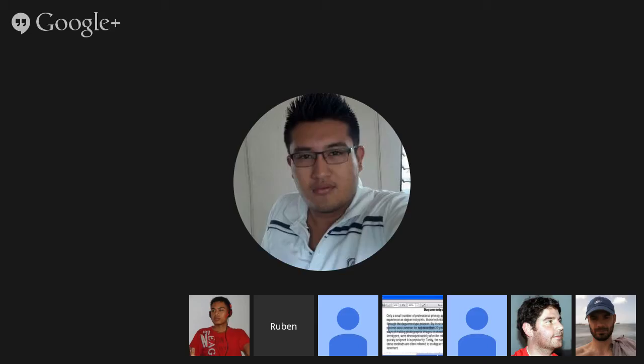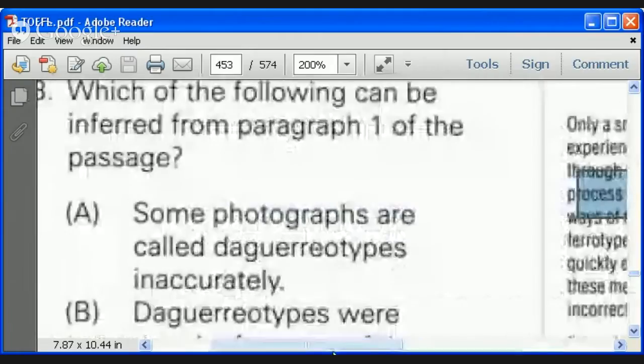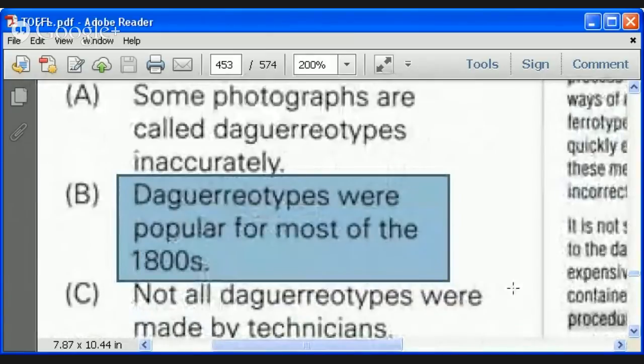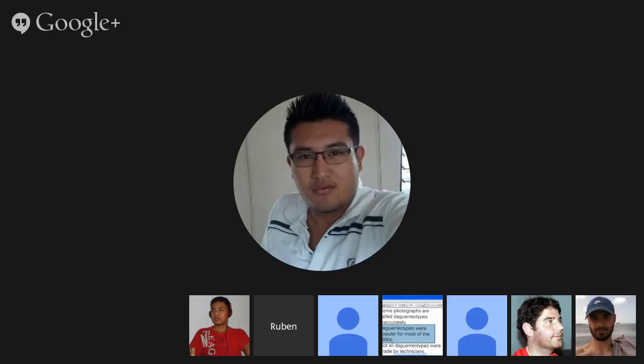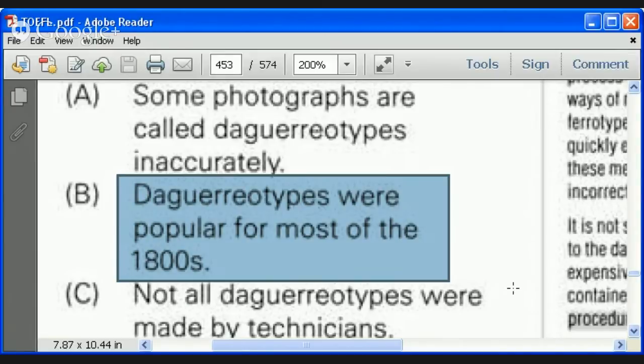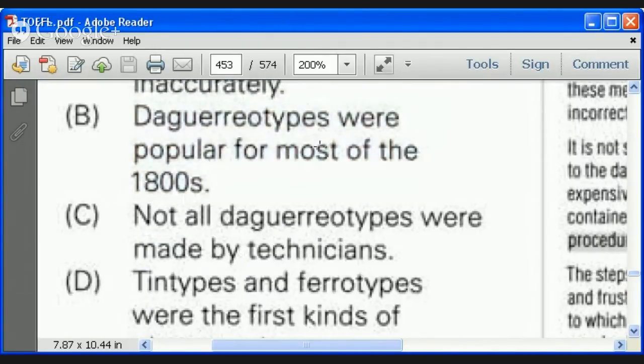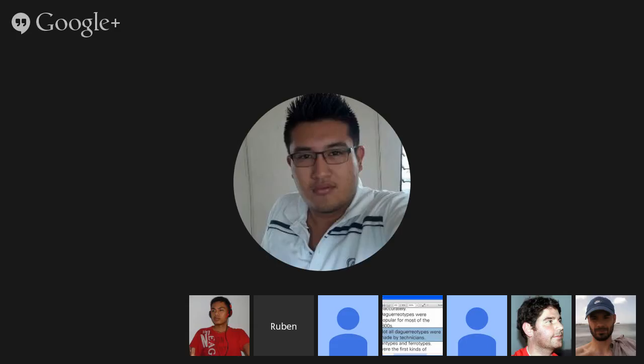So saying they were popular for most of the 1800s would logically be at least 51 years. This is not a good fit. There's related information, but it just doesn't fit because these types of pictures were only made for 20 years. How could they be popular for 51 years?